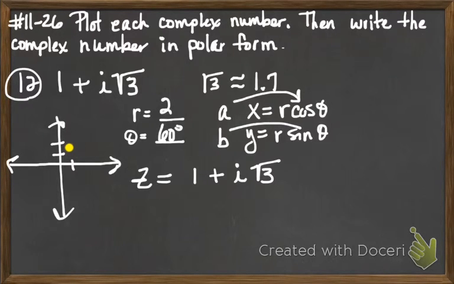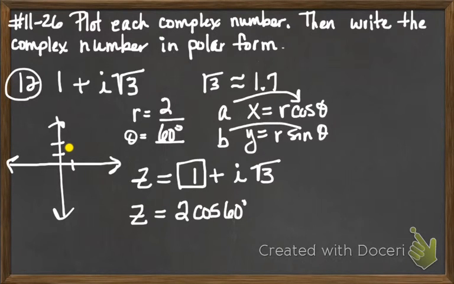What's your a value? 1. So in place of your a value, you're going to put in r, which is 2 cosine theta. Now this is really, really weird, but in the place of your a, which is the 1, you're going to replace that with r cosine theta.